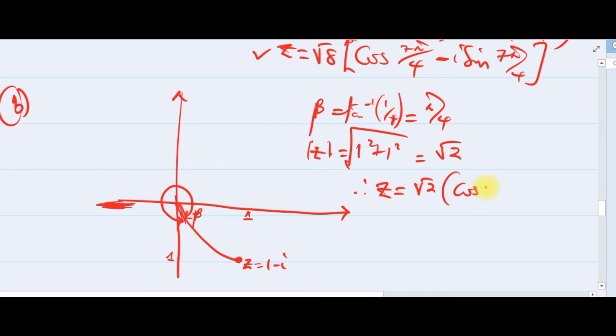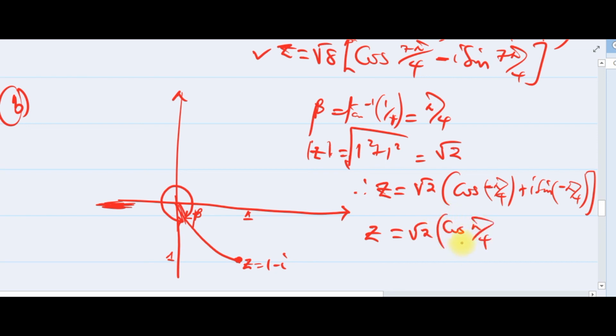If you use the negative sense, it is minus pi over 4, plus i sine minus pi over 4, which is root 2 cos pi over 4 minus i sine pi over 4, since cosine is always positive.